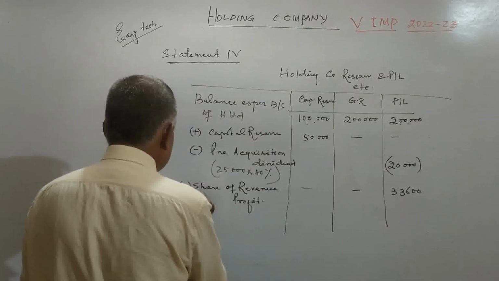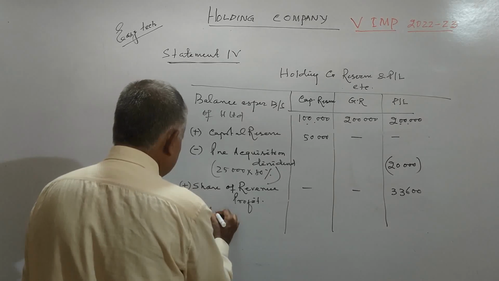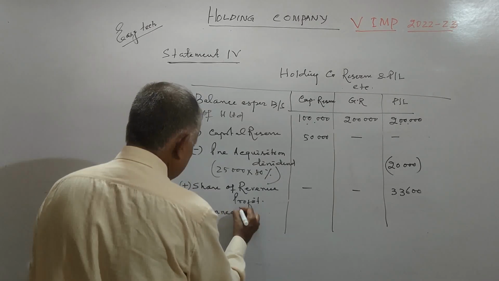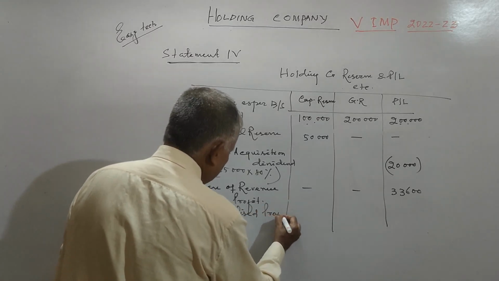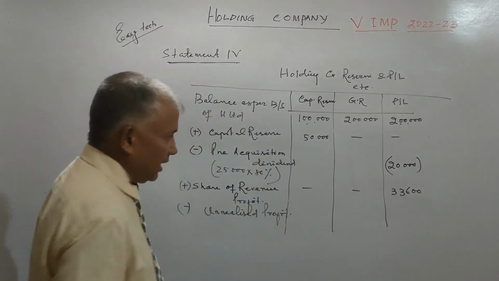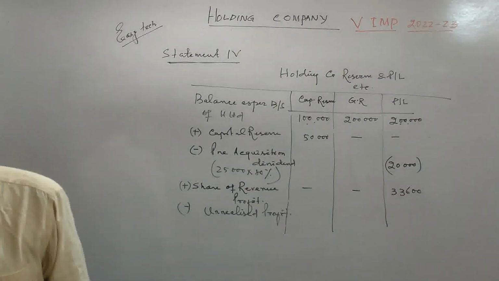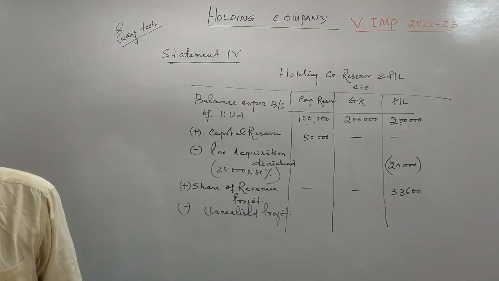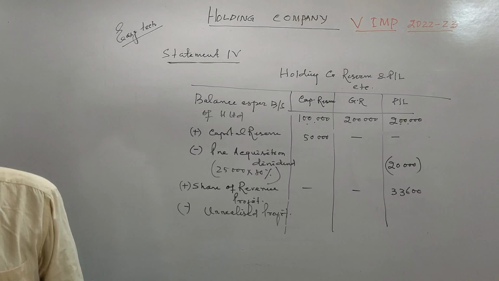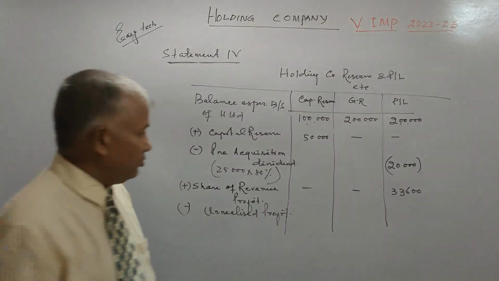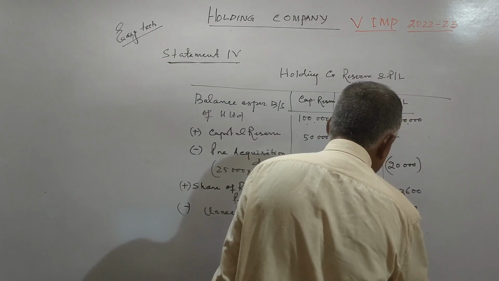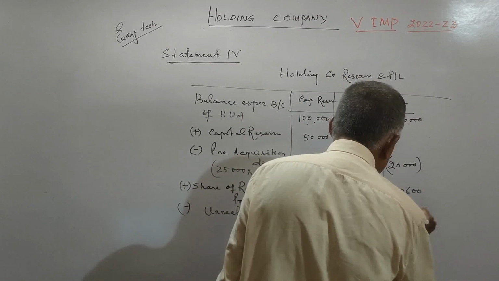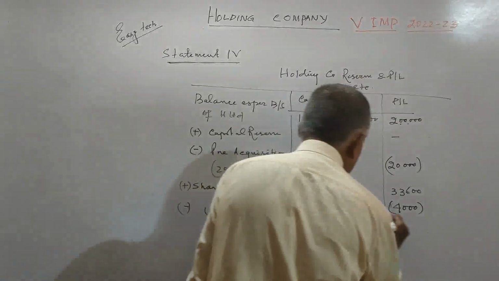This will be positive. Then your unrealized profit. The unrealized profit, the goods transferred, here there is an adjustment. This is 4,000. This is your unrealized profit. We will come to this 4,000 here. This will be your minus unrealized profit.